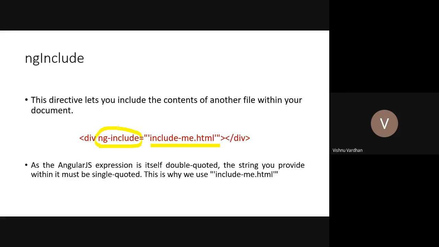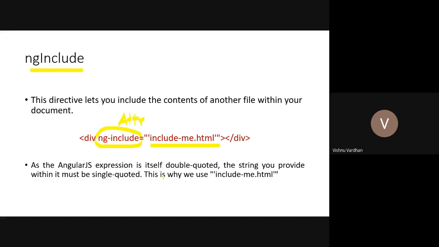To this division we are attaching this directive as an attribute. This attribute has already pre-created functionality in an HTML or in another format, so that can be dynamically attached to this division. In that way, the ng include takes the values coming from external files.